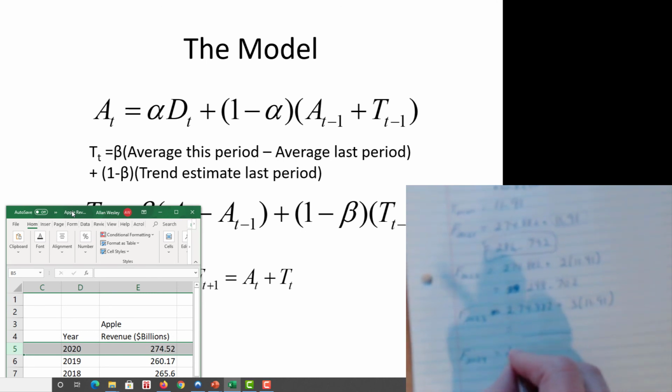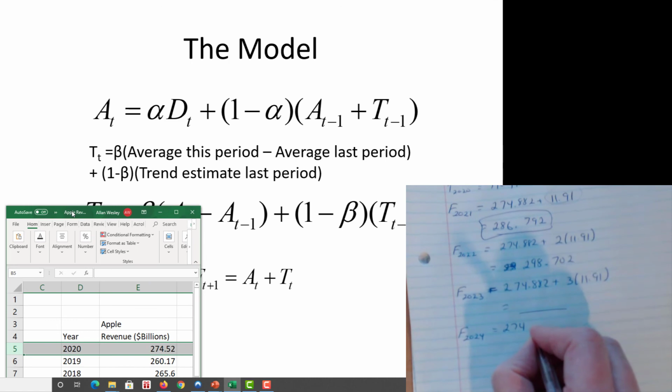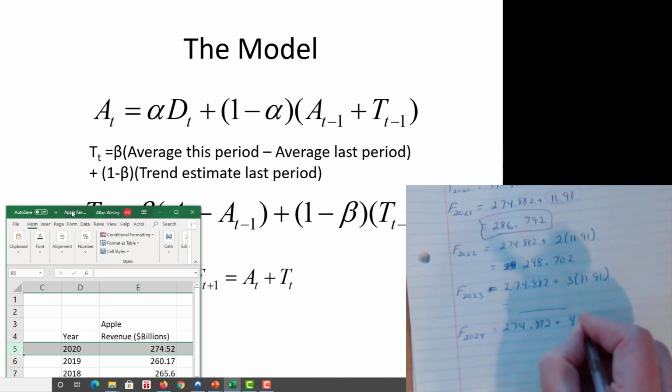And we can do the same thing for 2024: 274.882 plus, because it's 4 years into the future, 4 times the trend. Now, as we get further out into the future, this estimate becomes murky because it becomes a lot more variable, since we saw that the trend is changing.